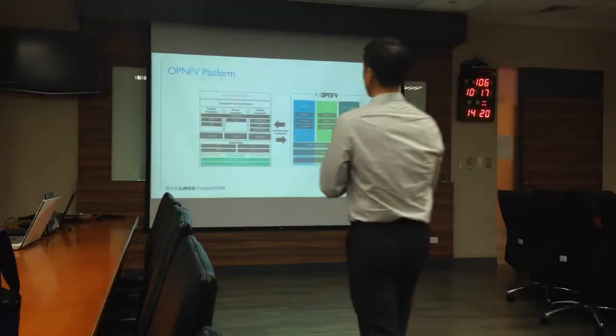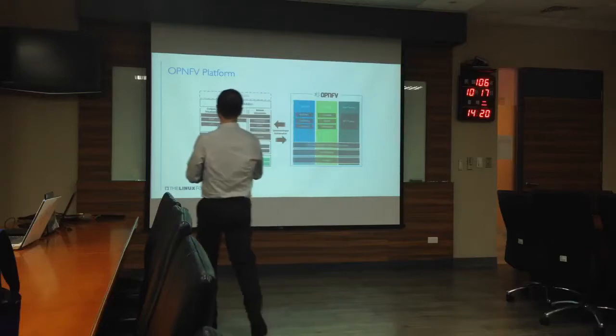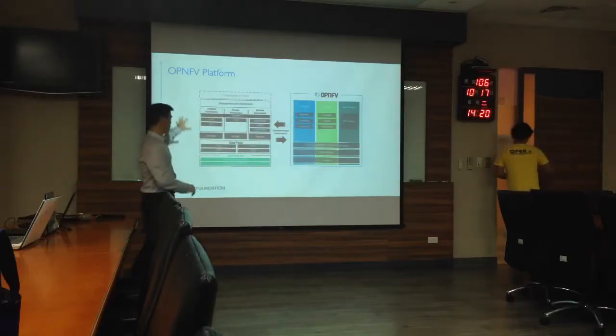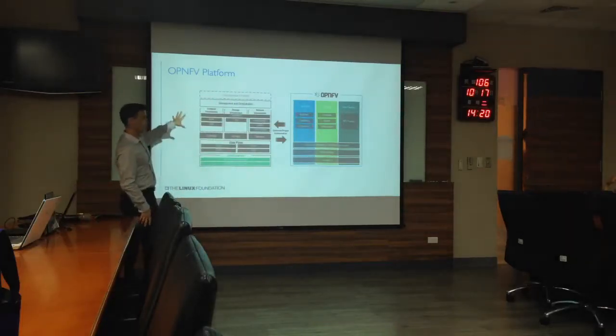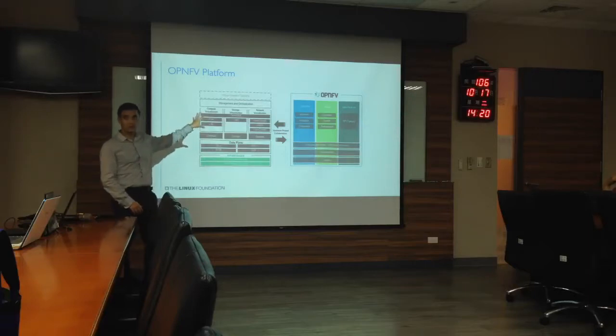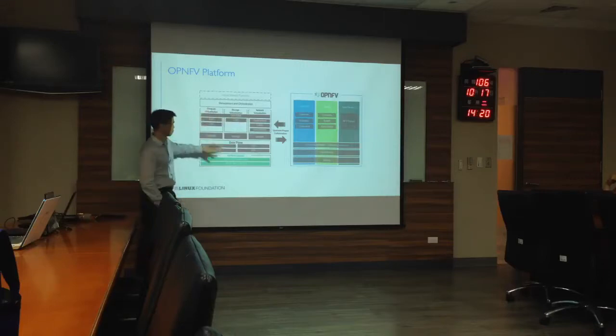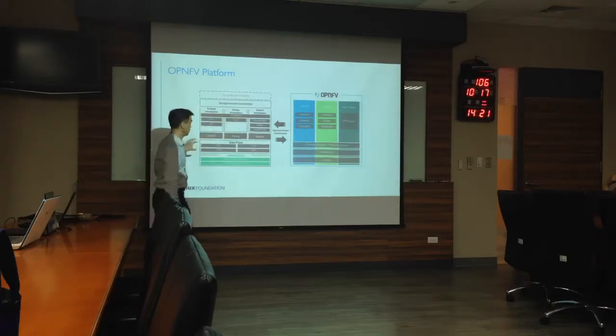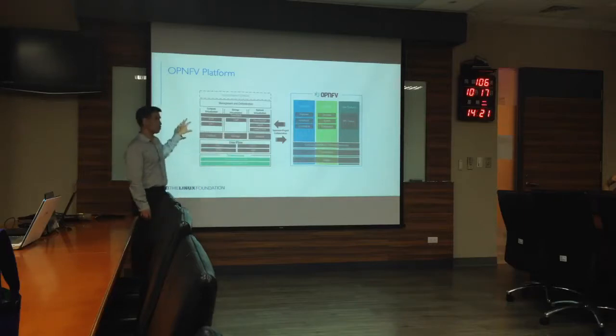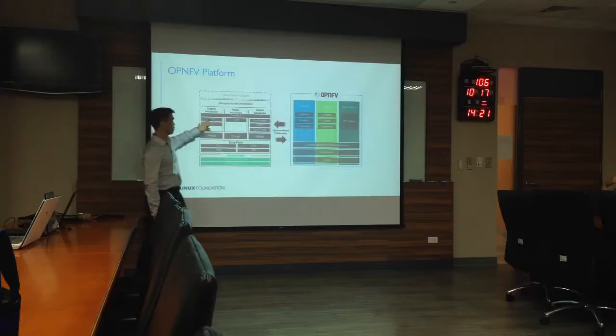So here's an architectural diagram of OPNFV. This is an architectural diagram of the Danube release, which first came out in the March-April timeframe. If you look at the left-hand side, it should look pretty familiar, pretty similar to an ETSI NFV architectural diagram. You have compute, storage, and networking, and the data plane at the bottom. All these highlight some of the upstream projects that fall into each of these buckets.